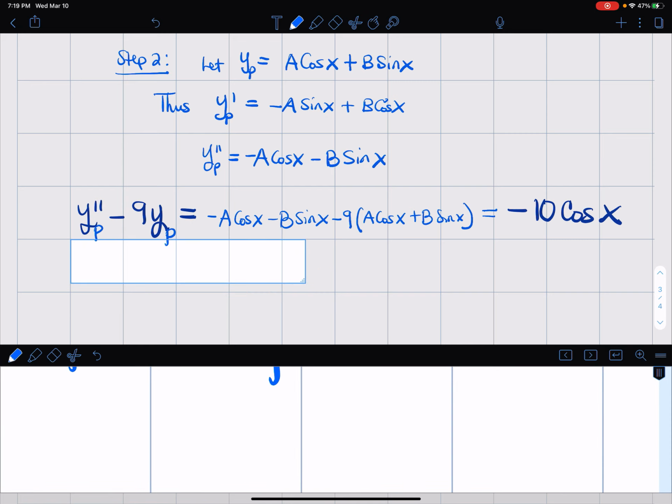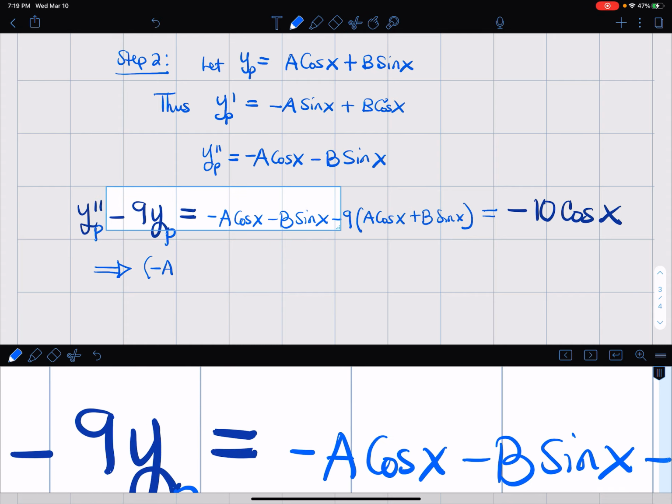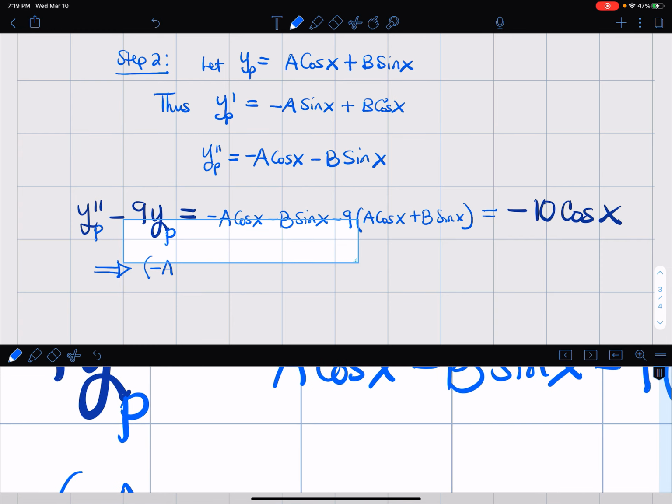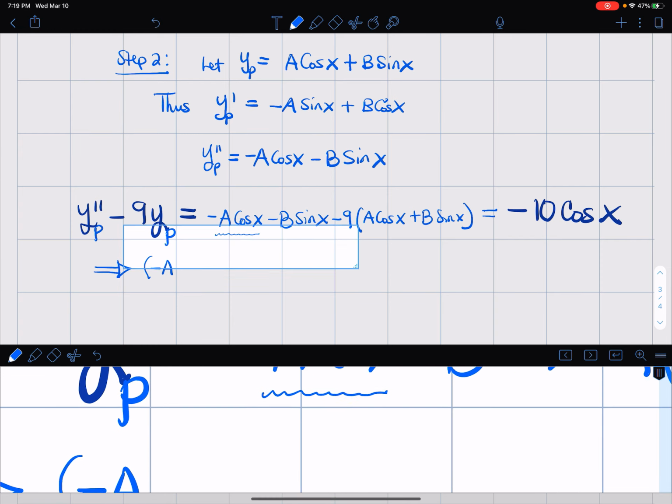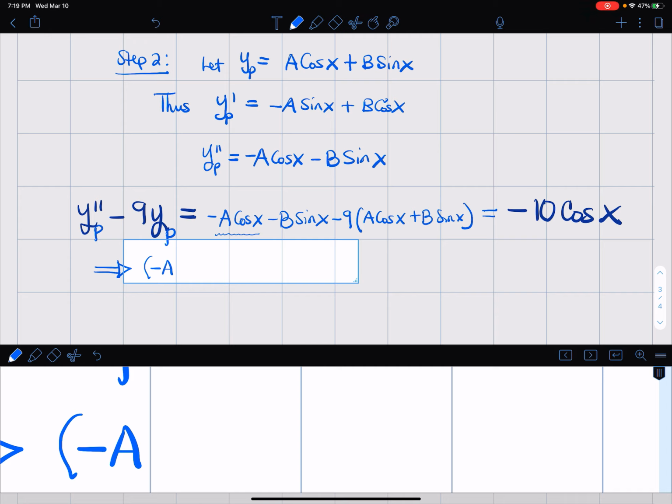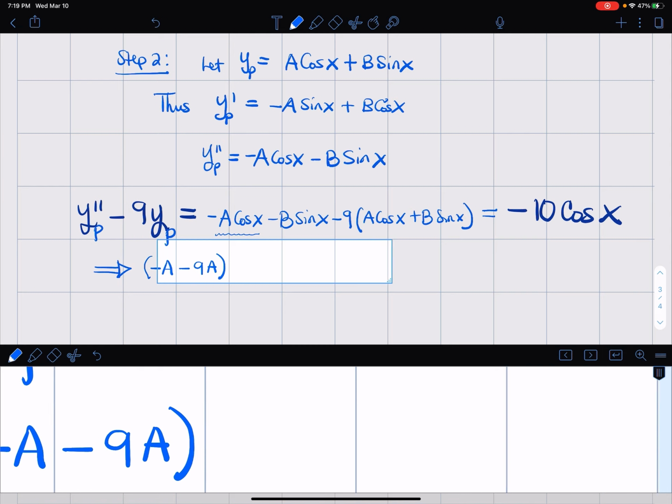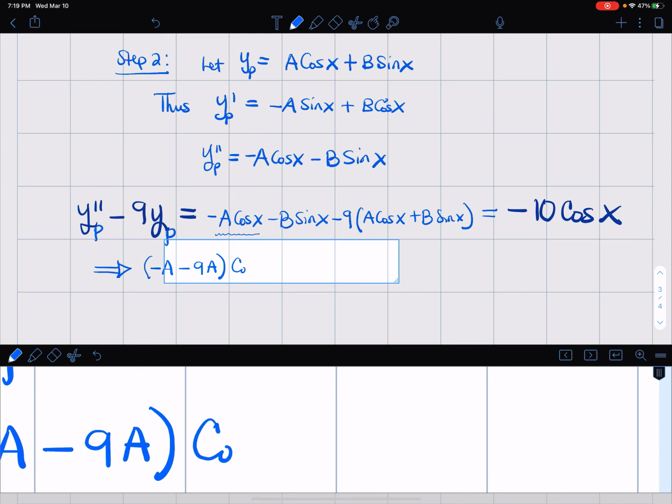So what is this telling us? We can collect like terms, collect all the cosine coefficients: negative a for that part, and then negative 9a, basically negative 10a cosine x.